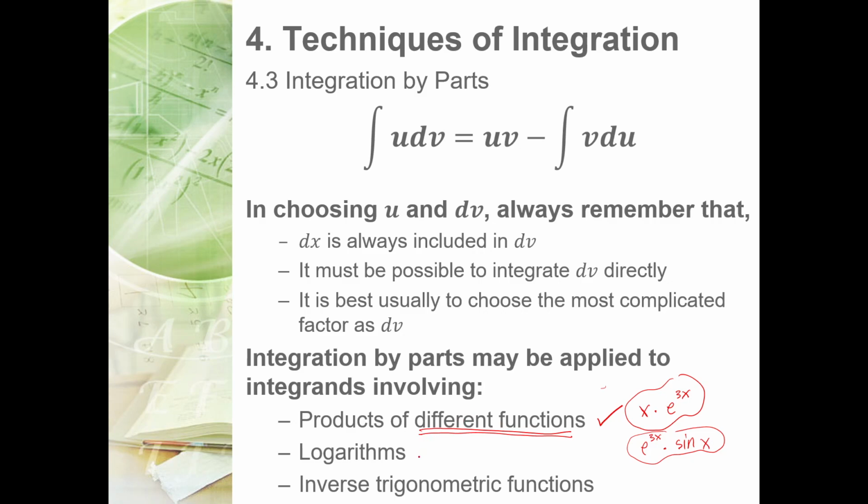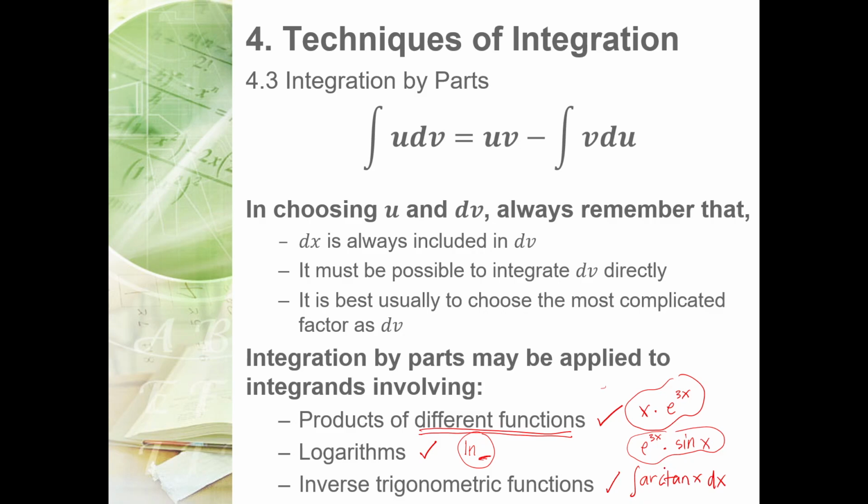Okay, so logarithms also. You may also use it for logarithms because we don't have any integrals for ln, diba? But with integration by parts, you're able to get the integrals of the logarithms, especially for your inverse trigo functions. For example, the integral of arctangent x, diba?